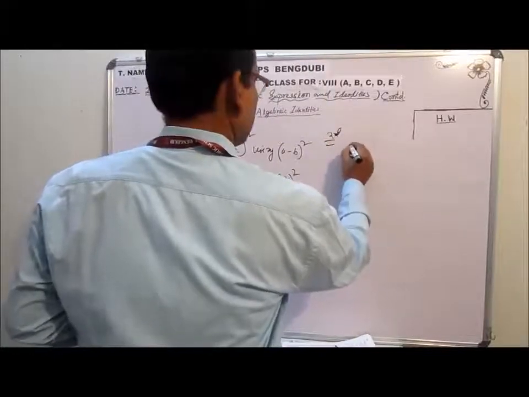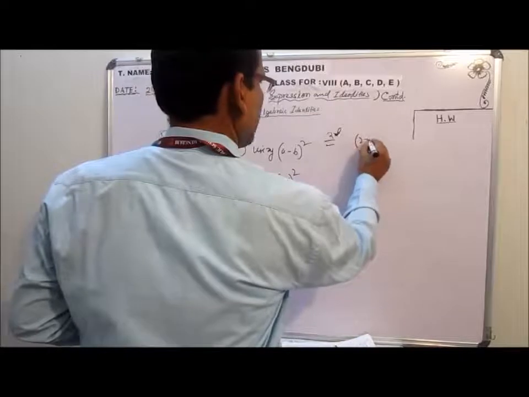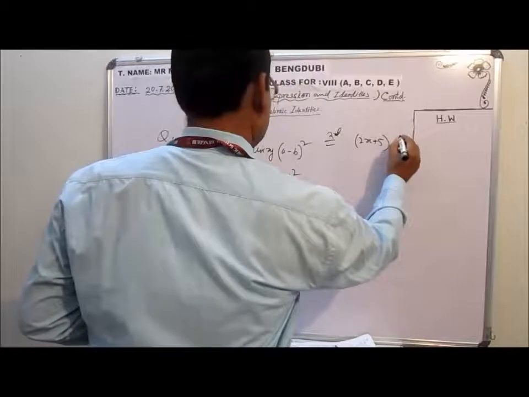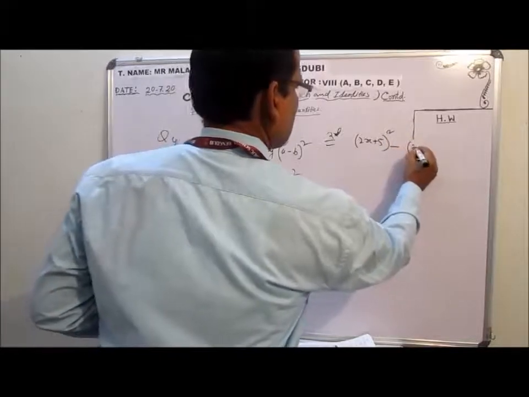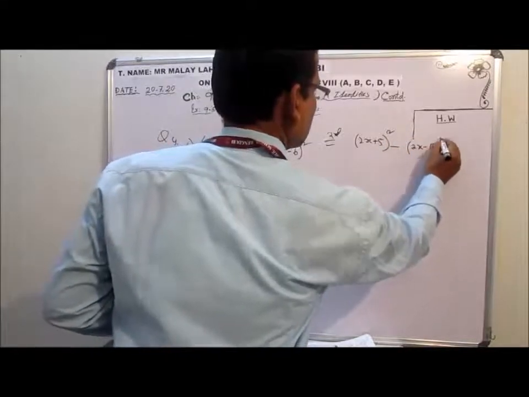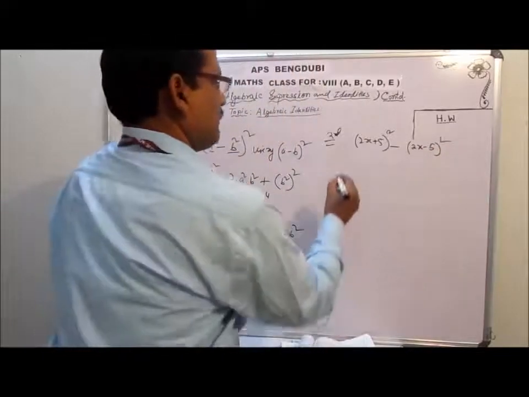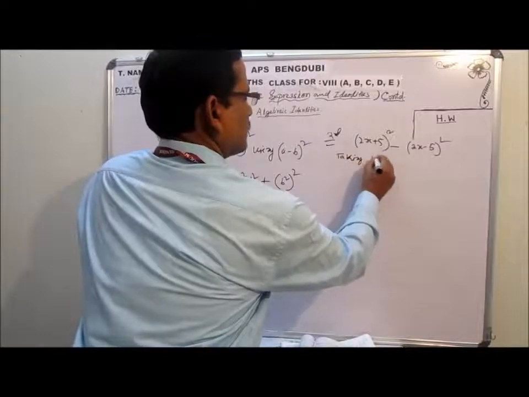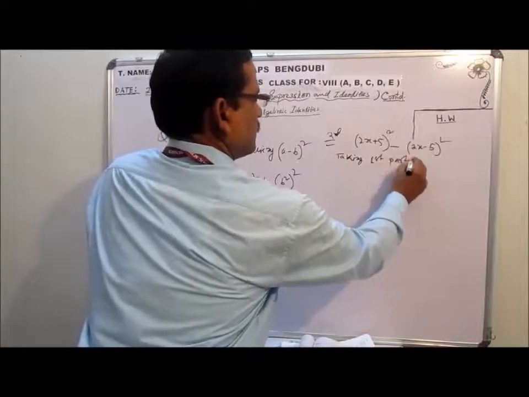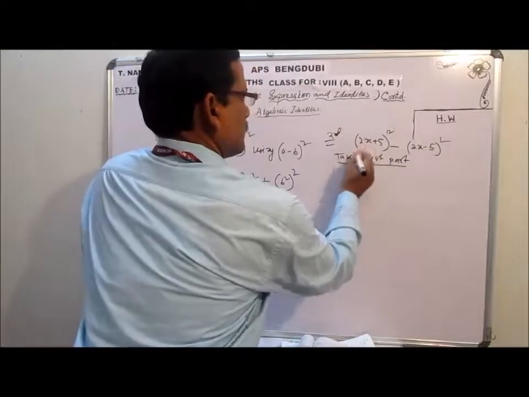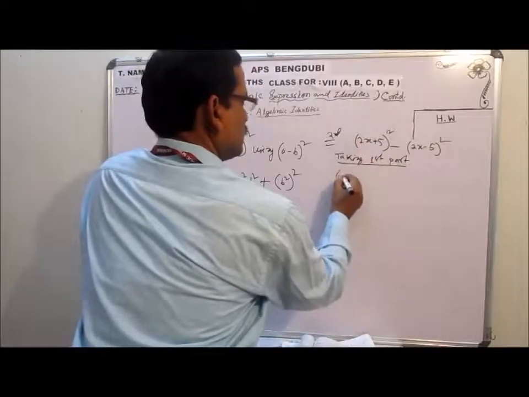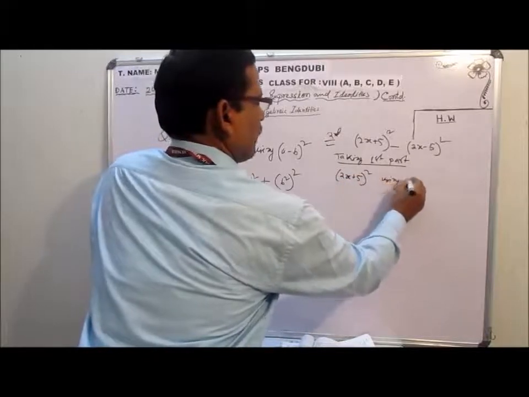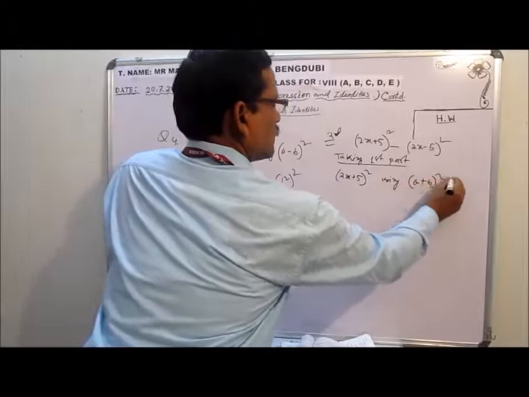So (2x + 5)² − (2x − 5)². Taking the first part, 2x + 5 whole square, using (a + b)².